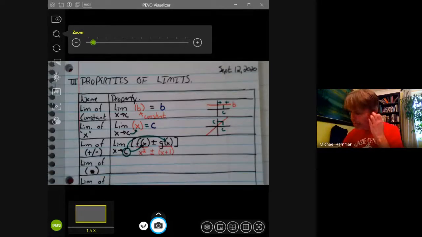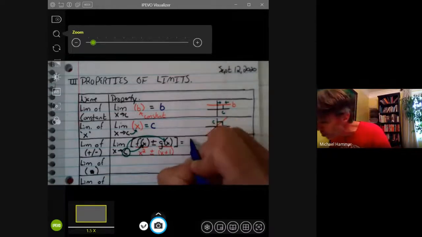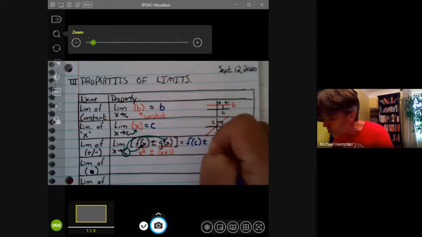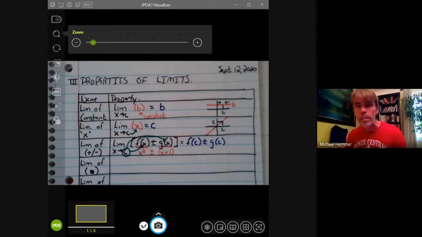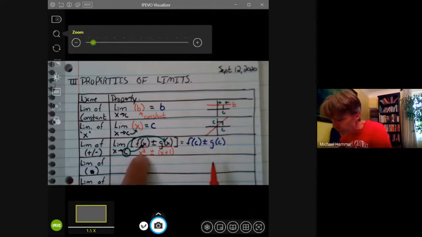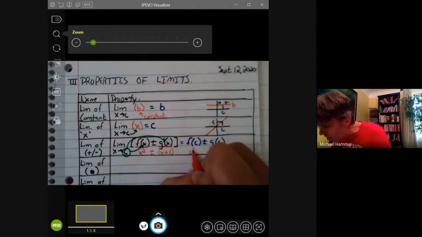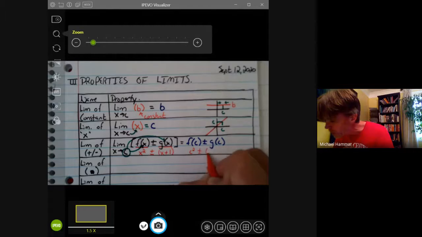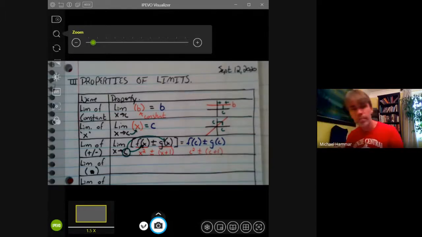I'm not going to make a graph for this one, but our final answer would be f of c, whatever that y value is, plus or minus g of c. We just take them as two separate chunks. So if you were thinking about the example underneath, it would be c squared plus or minus c plus 1, and we just substitute that value in.